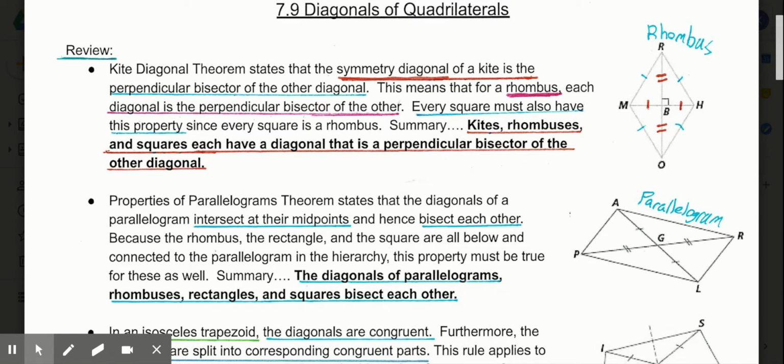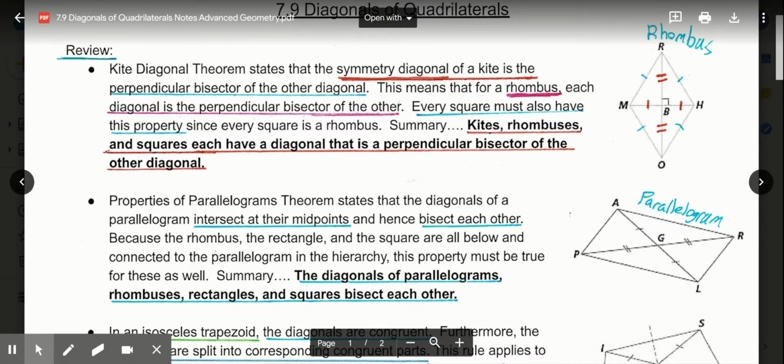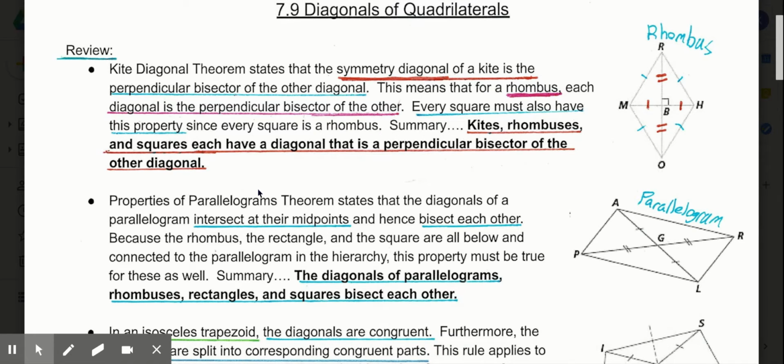So in summary, kites, rhombuses, and squares each have a diagonal that is a perpendicular bisector of the other diagonal. For both a rhombus and a square, it happens for both diagonals. In a kite, it might be for both or one.